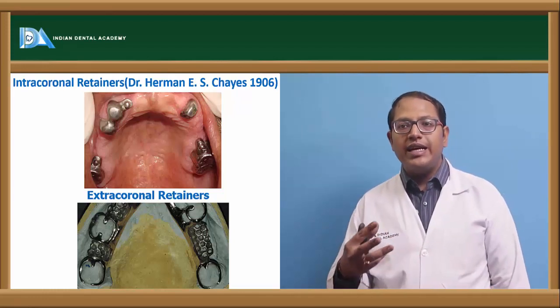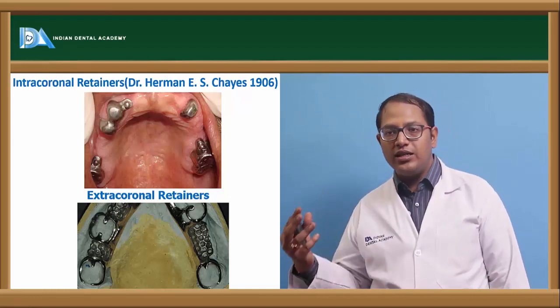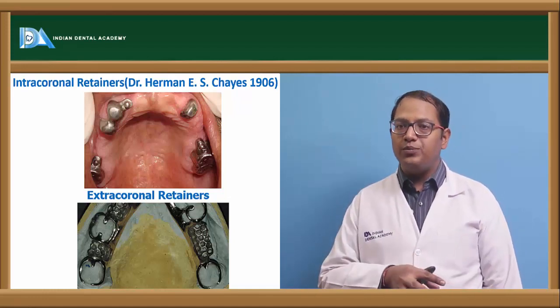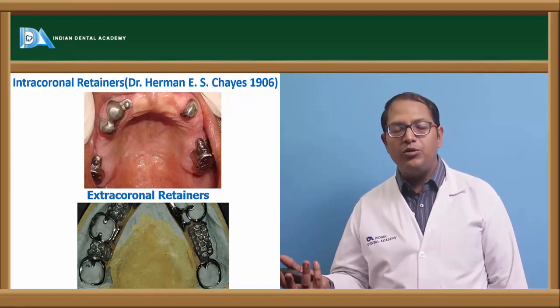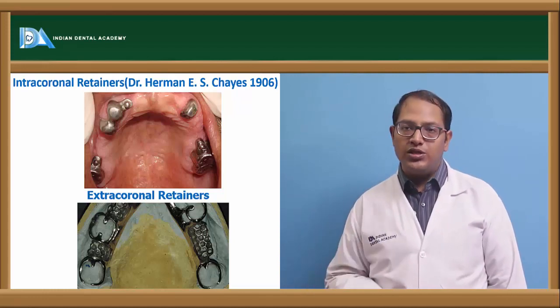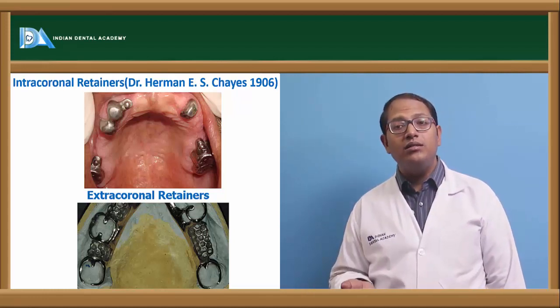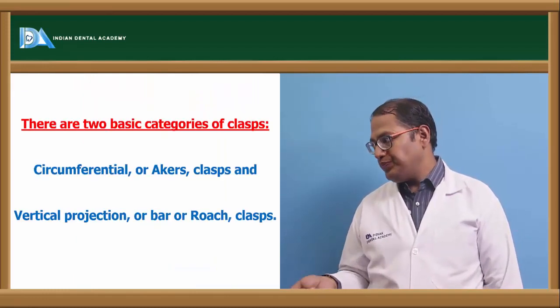The second unit is inserted into the removable partial denture. So it has a male component and a female component. The male component will be on the removable partial denture, and the female component is within the tooth structure that we are providing. Extracoronal retainers are those from outside.